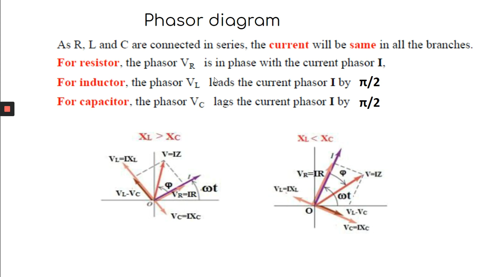And the phasor VL, or you can say the voltage magnitude across the inductor, leads the current phasor by pi by 2. And the phasor VC means the voltage magnitude across the capacitor lags the current phasor by pi by 2. This leads, this lags. Already we know these things.